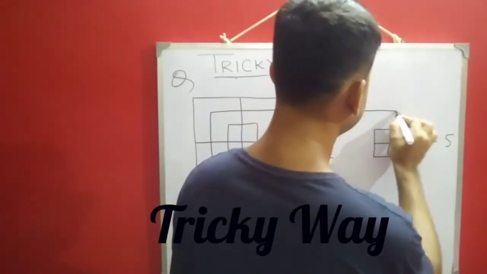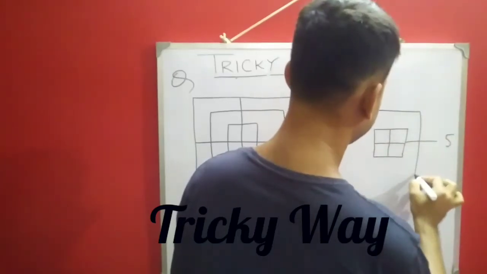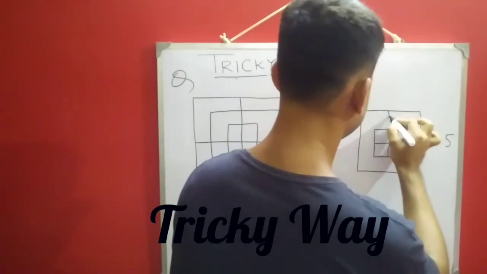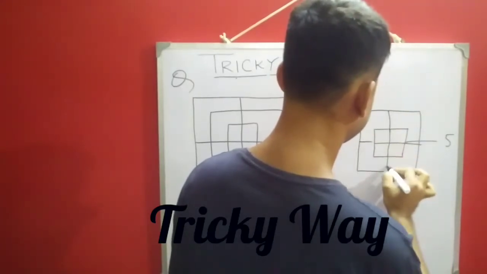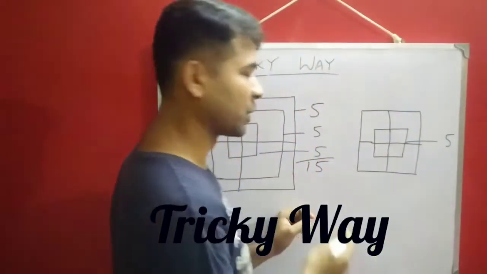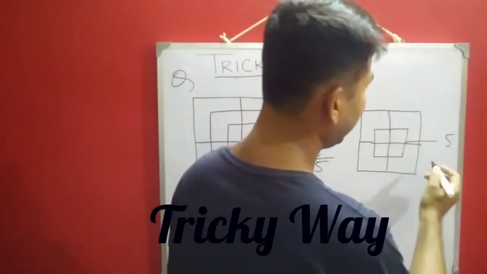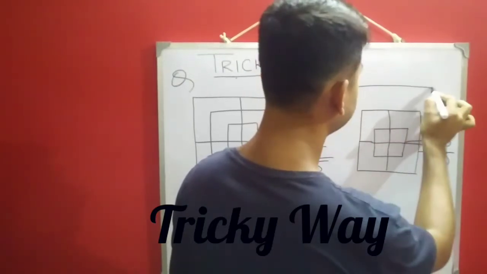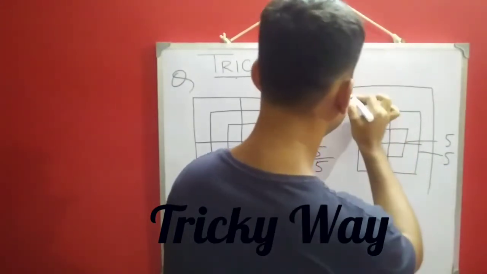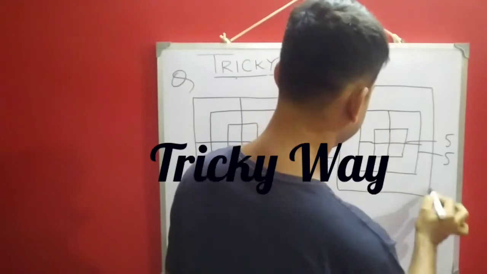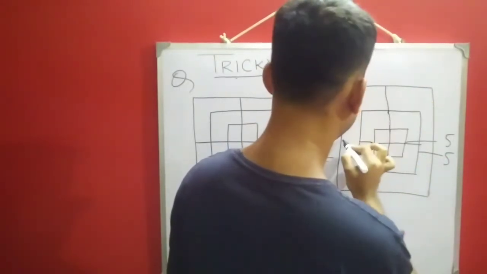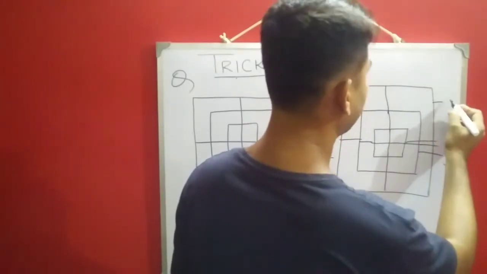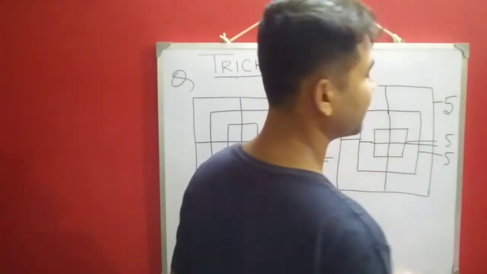And again one big square is here. Similarly, the same thing is applicable for this figure: 5 and one big square. So for this square the total number of squares is 5.